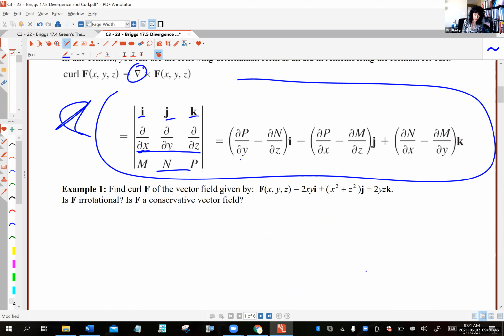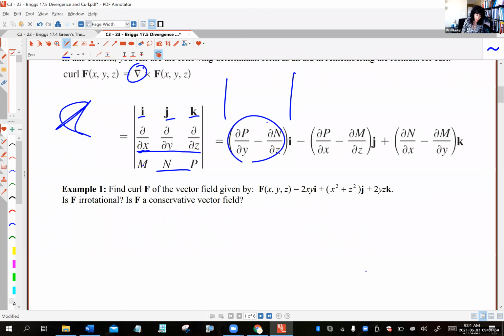So you guys know the deal. You're going to have a 2x2 determinant here. Let me just do the intermediate step. If you block out the row and column that i hat lives in, the 2x2 determinant would look like that. When you do the major diagonal product, you're saying take the partial of P with respect to y, minus the partial of N with respect to z, and then multiply that by i hat.